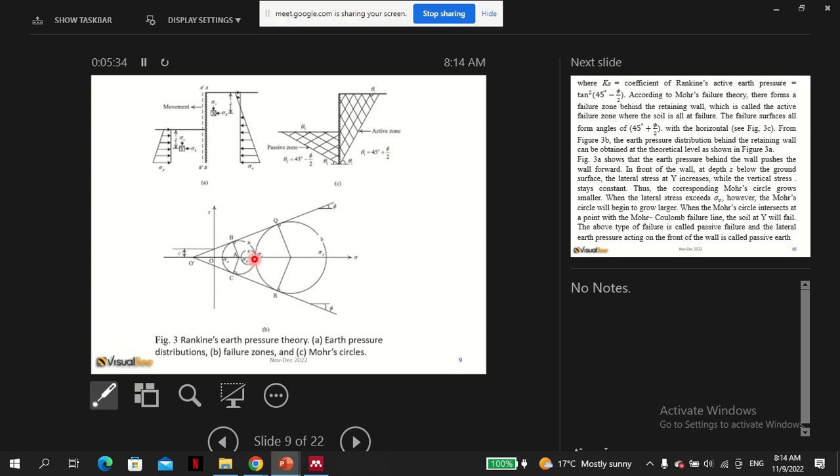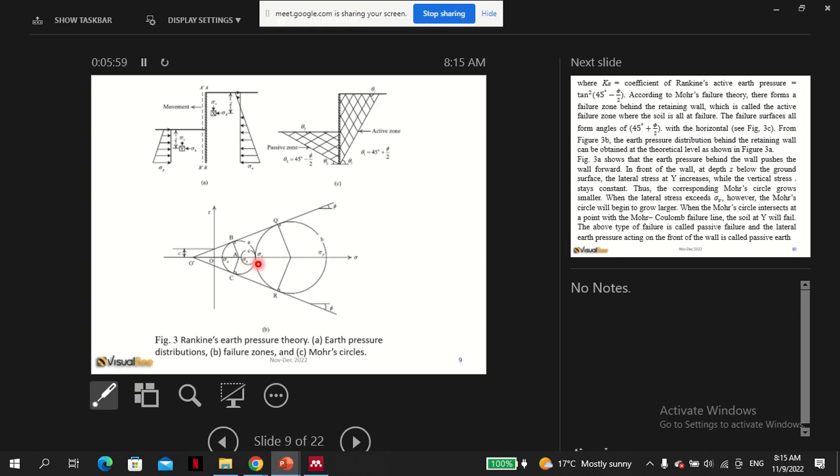Now intuitively here, sigma h will flip and become sigma 1, because sigma h now will become bigger, but because of the squeezing, this value will become very high, and I told you always Kp is greater than 1.